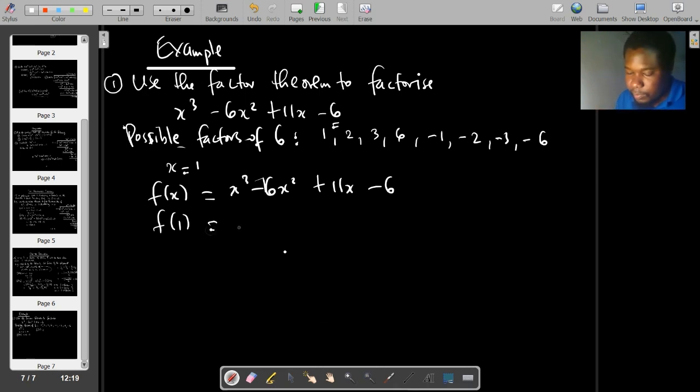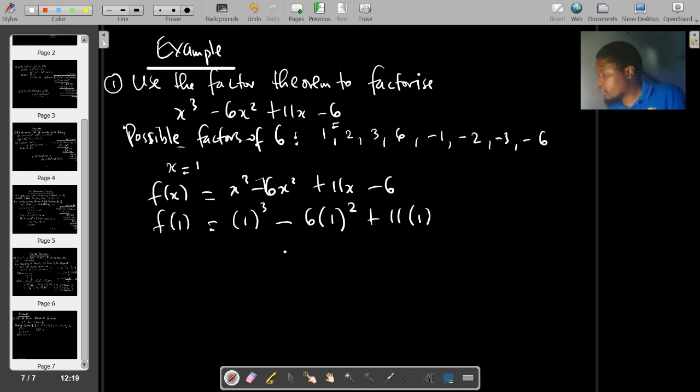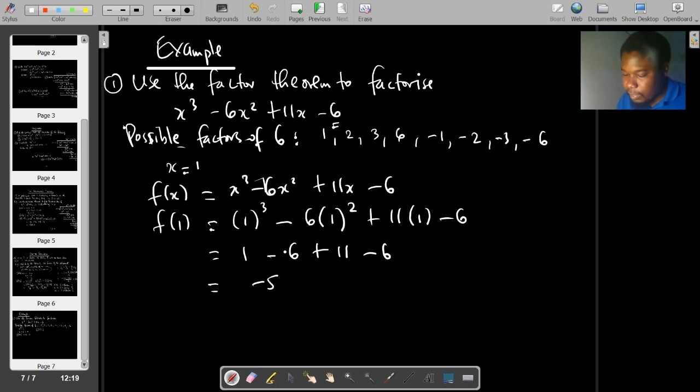It will be equal to 1 to the power 3 minus 6 times 1 squared, plus 11 times 1, and then minus 6. This gives us 1 minus 6 plus 11 minus 6, which is negative 5 plus 5.